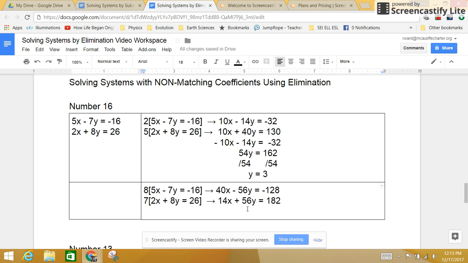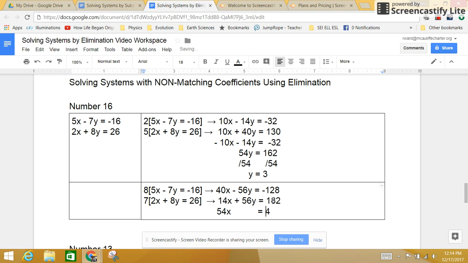All right, now I've got to decide whether I'm adding or subtracting. Since I have opposite coefficients, I'm going to add these together. I'm going to end up with 54x here. 56y and negative 56y makes nothing. And then 182 plus negative 128 is the same as doing 182 minus 128. So 182 minus, okay, I'm going to borrow from the 8's column and make that a 12. 12 minus 8 is 4.